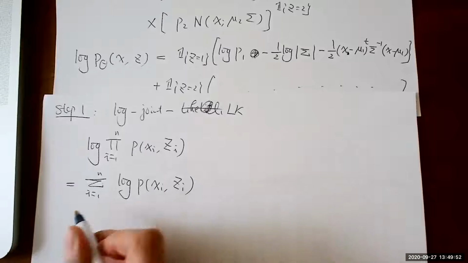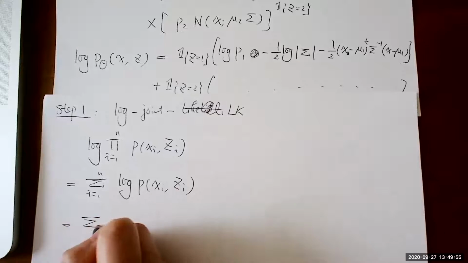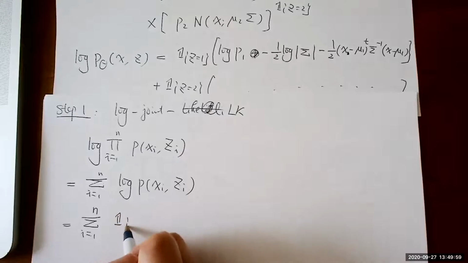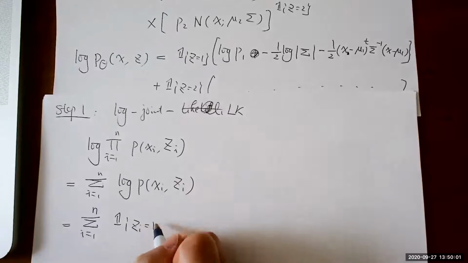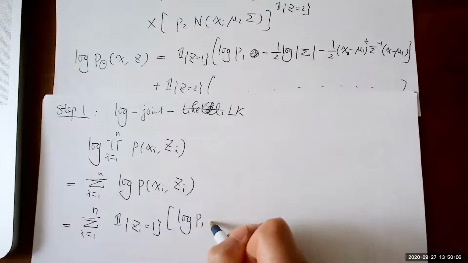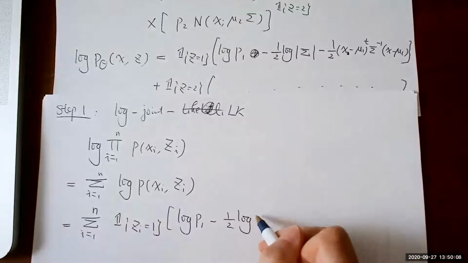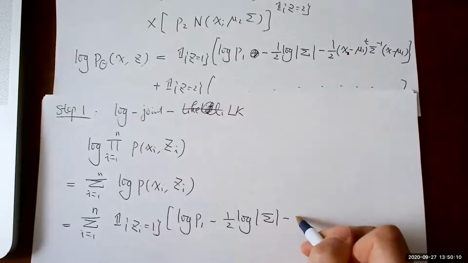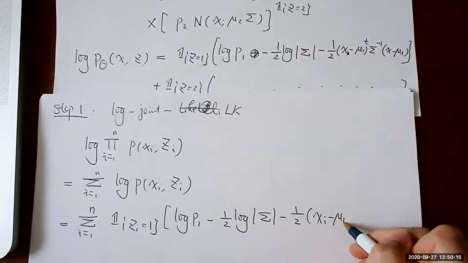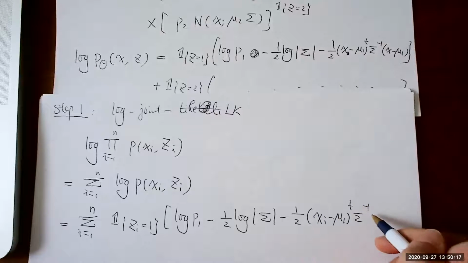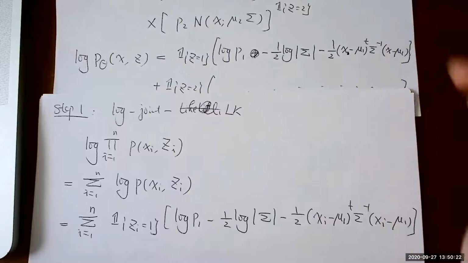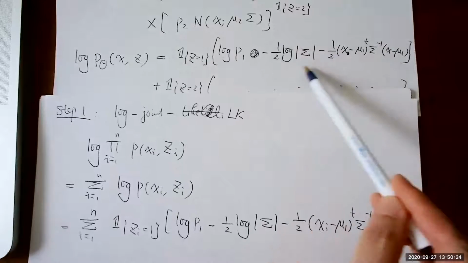So this is going to be equal to the sum over i from 1 to n of an indicator where zi is equal to 1, times log p1 minus a half log determinant of sigma minus a half (xi minus mu1) transpose sigma inverse (xi minus mu1). Okay, that's only this line.